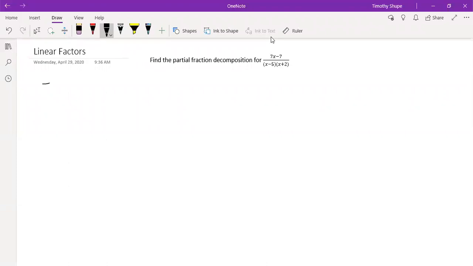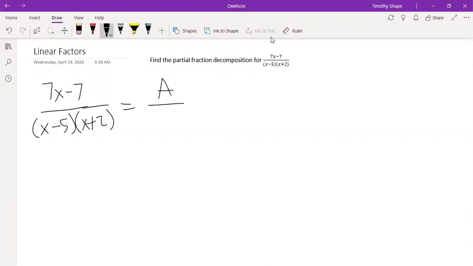So I can say that I've got this 7x minus 7, the original fraction, over x minus 5 multiplied by x plus 2 in the denominator, equals some unknown value over the first factor of x minus 5, plus a second unknown value over the second factor of x plus 2.